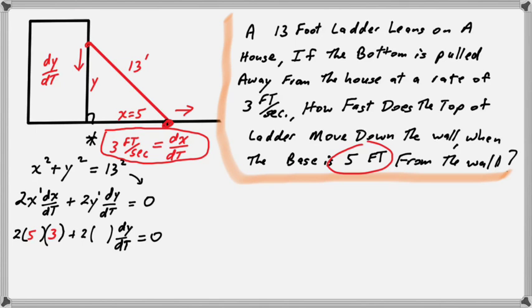I don't know if you're aware, but this is a 5, 12, 13 right triangle. You could use the Pythagorean theorem if needed. So you get 12 for that length. Solving for dy/dt, you would subtract 30 and divide by 2 times 12, which is 24. 6 goes into 30 5 times, 6 goes into 24 4 times, and that would be in feet per second.